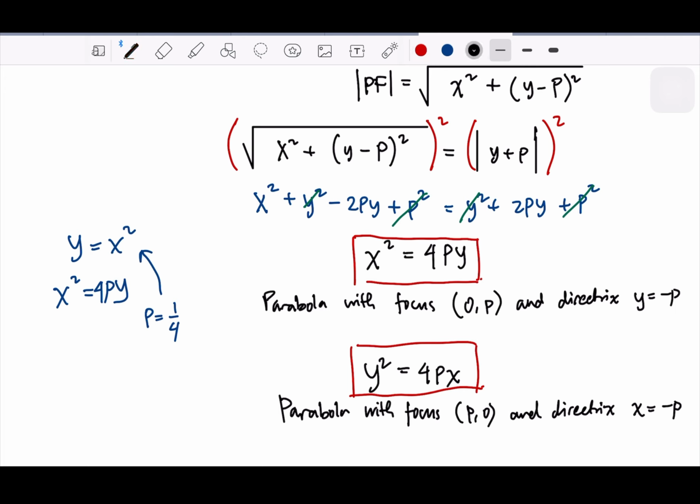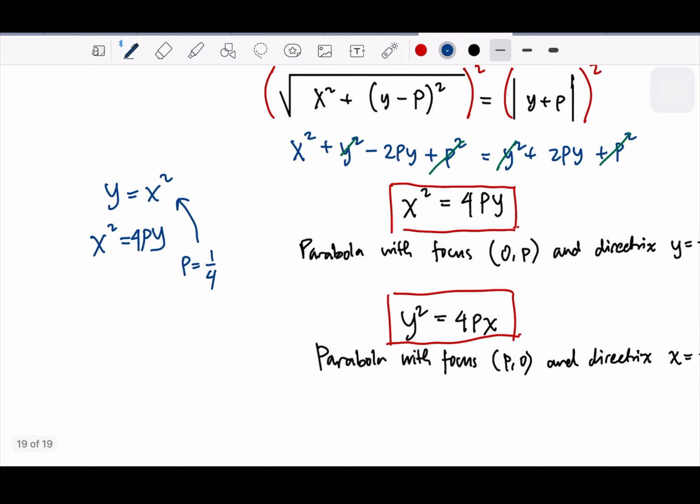And of course, this is based on the center, or the vertex, of the parabola being at the origin point. Somehow we can also shift the parabola and change the center.